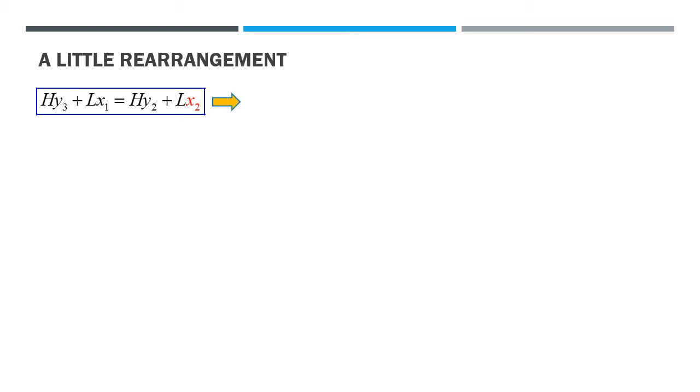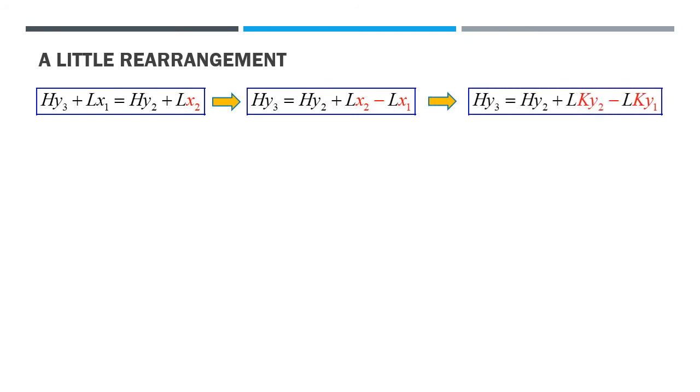Now we'll rearrange: hy3 equal to hy2 plus lx2 minus lx1, and instead of x1 and x2, we can write in terms of y1 and y2, that is ky1 and ky2.